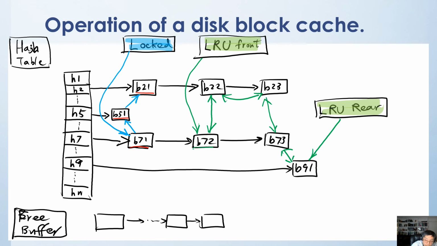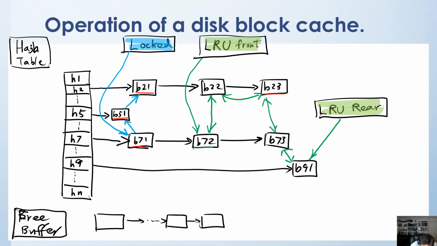Now, when a block, for example B23, which currently resides in the cache, is accessed again, that means one of the applications just accessed B23 again.